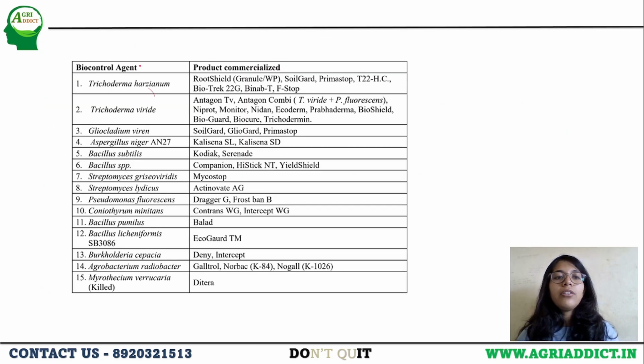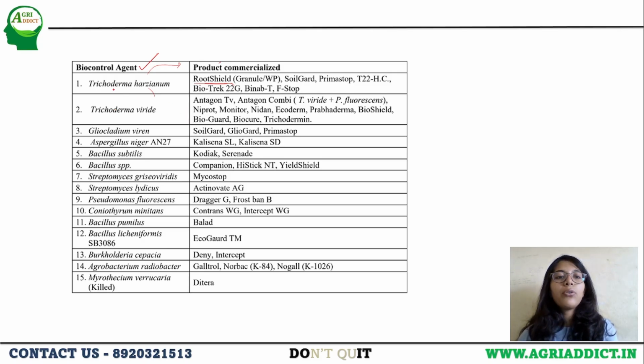The various biocontrol agent names are given, along with the commercialized products of those biocontrol agents, that is, the names by which they are sold in the market. You can just have a look at it and remember some of the important names.